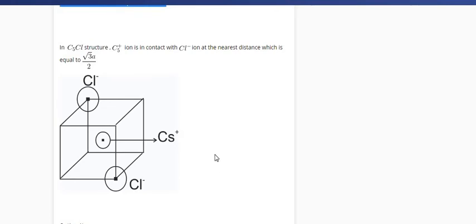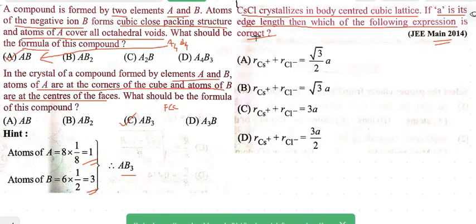Now in this cesium chloride, the cesium ion is in contact with chloride ions at the nearest distance of root 3a by 2. So if you are talking about the answer, your answer will become this, root 3a by 2, where a is outside the root.